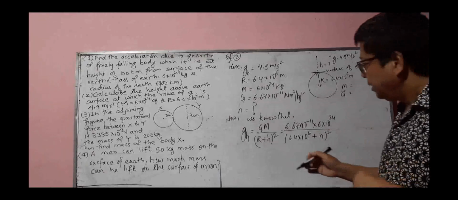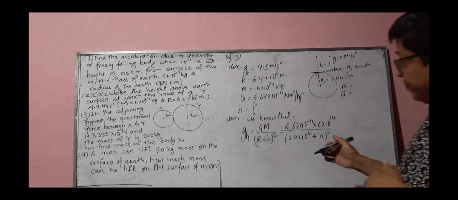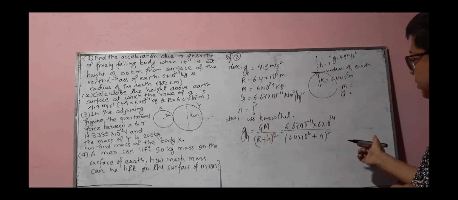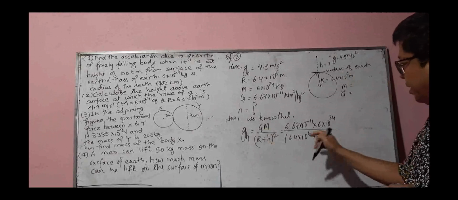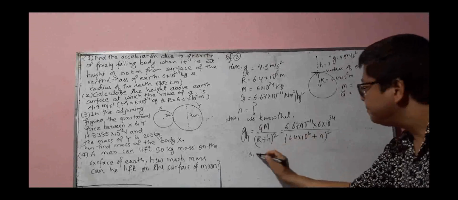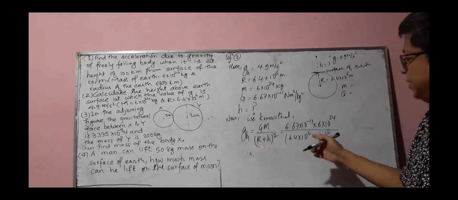Now we have to find the value of h. So now we have these relations, by cross multiplication of this quantity.